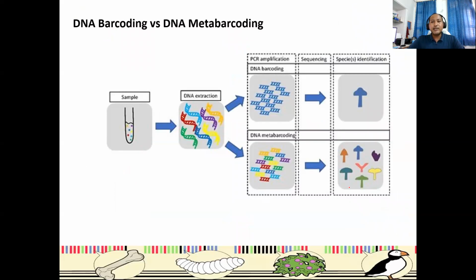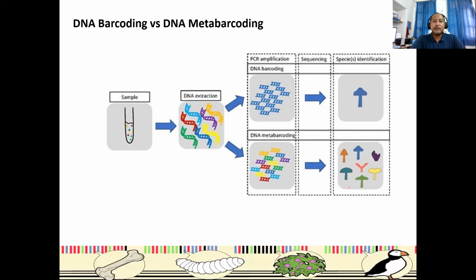Now, there is a similar terminology which is also known as DNA metabarcoding. In metabarcoding, suppose there is a mixed sample, like there is a mixture of algal species in an aquatic body, and while collecting, you could not purify it.